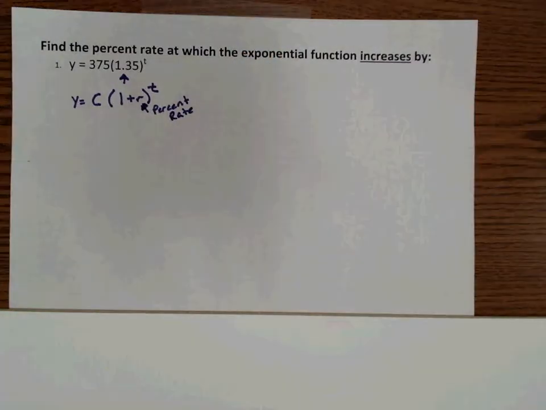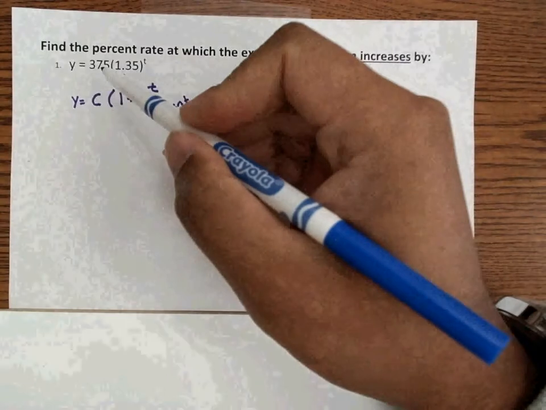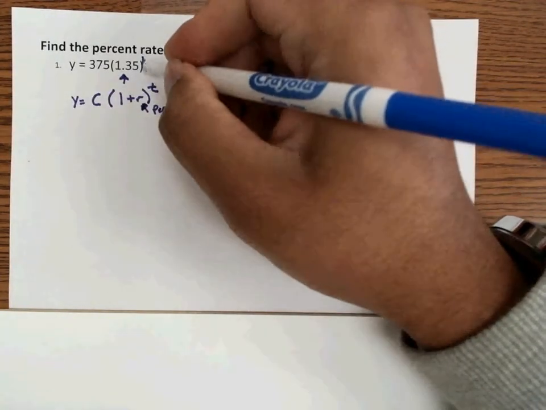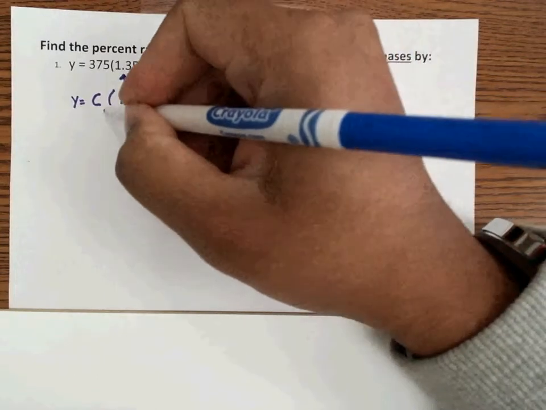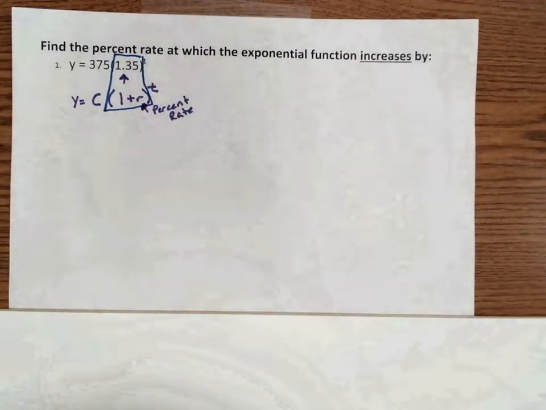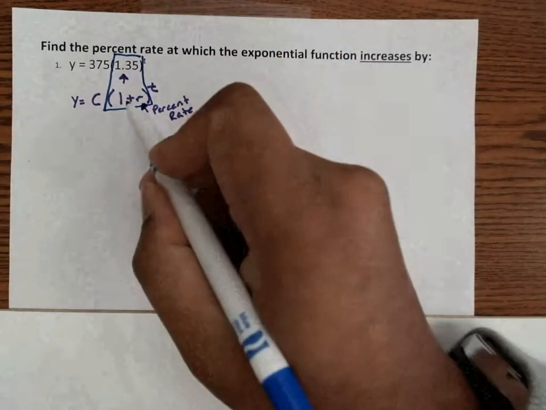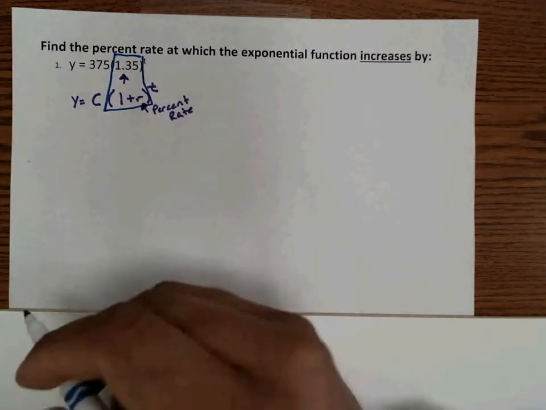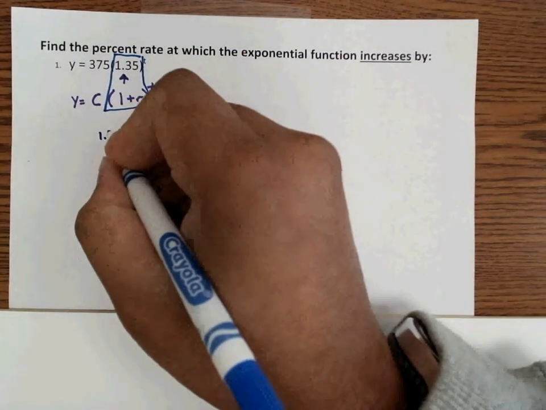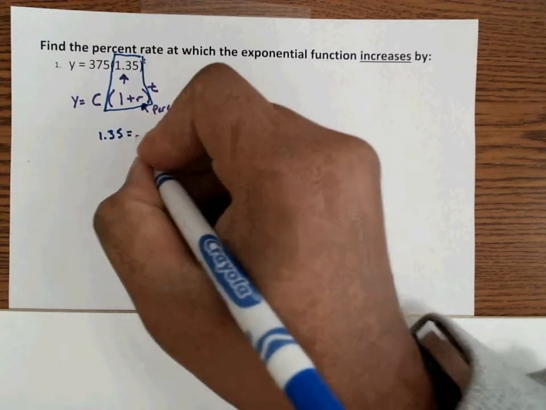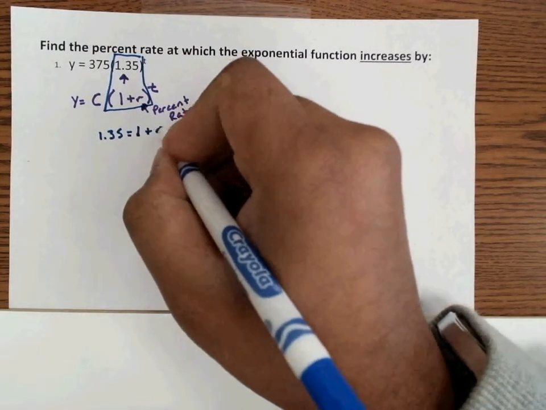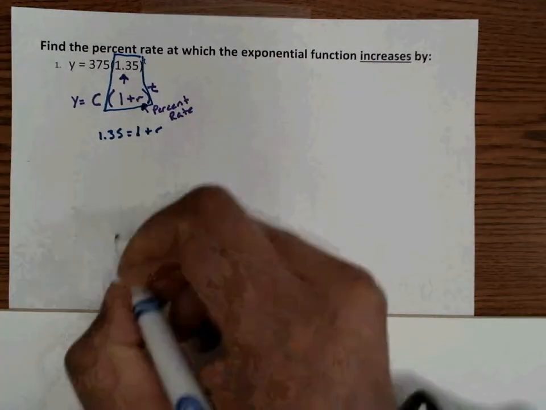If we look closely, 375 is C, and t is t. So this inner part right here is where our rate is. This 1 plus r has to be equal to that 1.35. So I'm going to have 1.35 is equal to 1 plus r, and then we just solve for r.